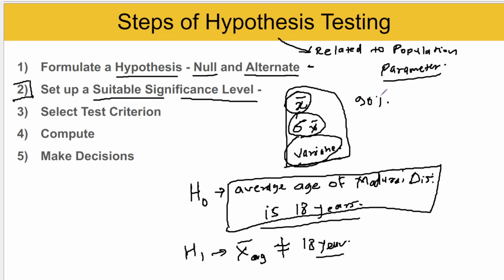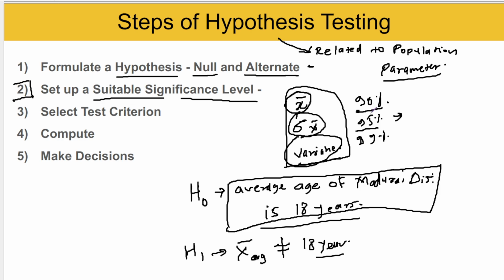Maybe up to 90% I'm confident, or 95% confident, or 99% confidence. As a standard in our social sector, and even in research academia, people are using 95% confidence. Where you are not so serious, or you don't want much accuracy, or you are lacking resources, human resource, time, or money, some people might select the 90% level, which is sufficient.